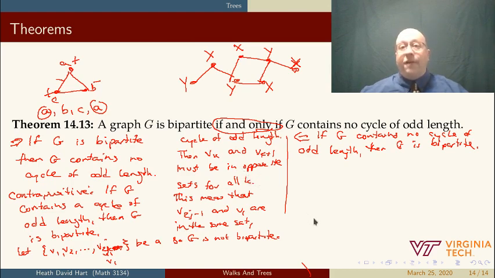Either every vertex gets labeled or I reach a contradiction. And if I reach a contradiction, that contradiction will be a cycle of odd length. Okay?